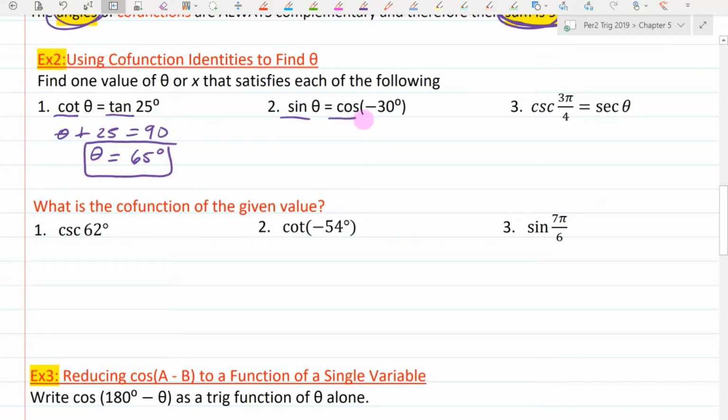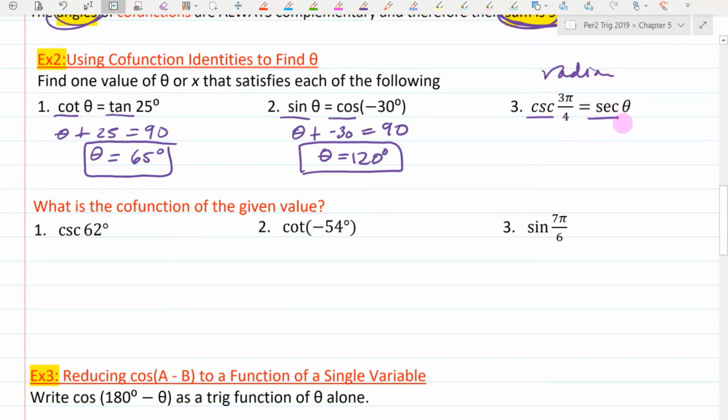Sine and cosine are cofunctions, so their two angles must add up to 90. So theta is equal to 120 degrees. And here, this is in radians, so we're going to leave it in radians.